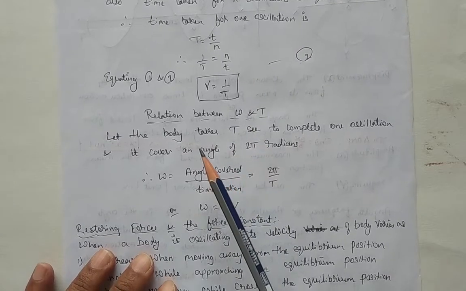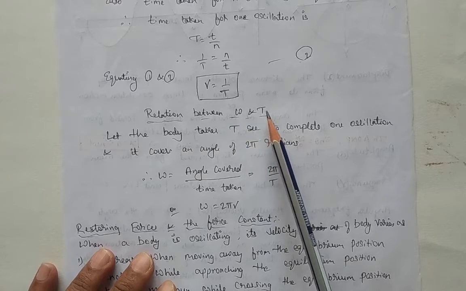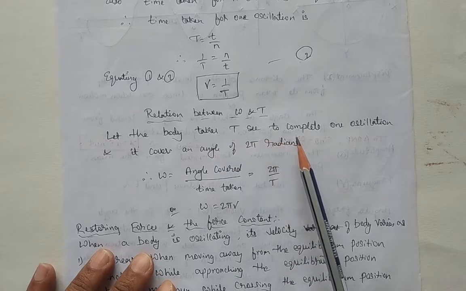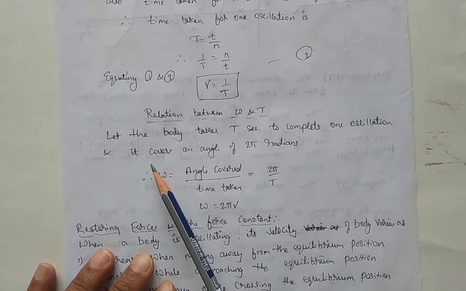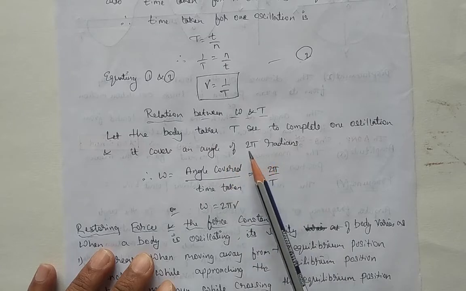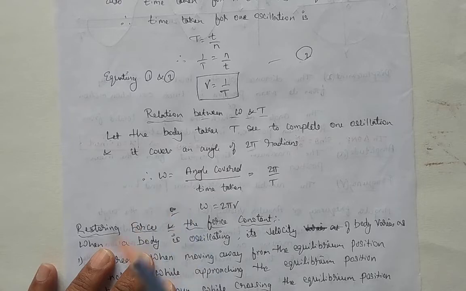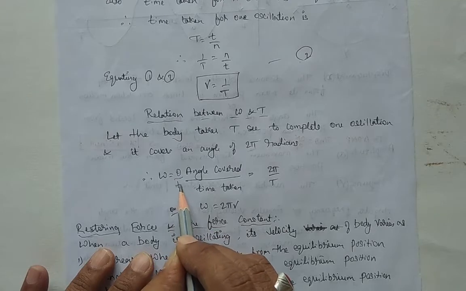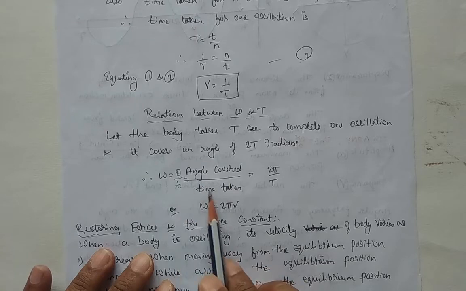Similarly, one more relation we want to establish is the relation between omega, that is angular frequency, and time period T. Let the body take T seconds to complete one oscillation, that is, the time period is T, and it covers an angle 2 pi. For one complete rotation, it covers 2 pi. The basic definition is omega is equal to theta by t, the angle covered by the time taken.